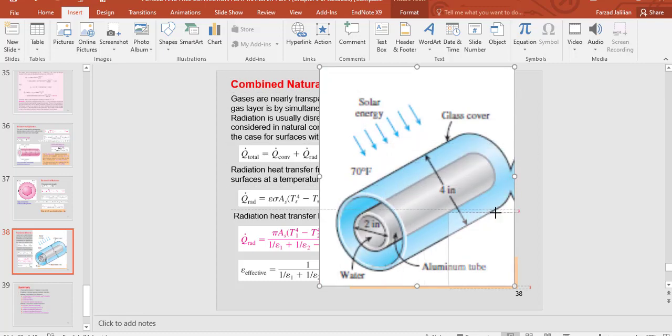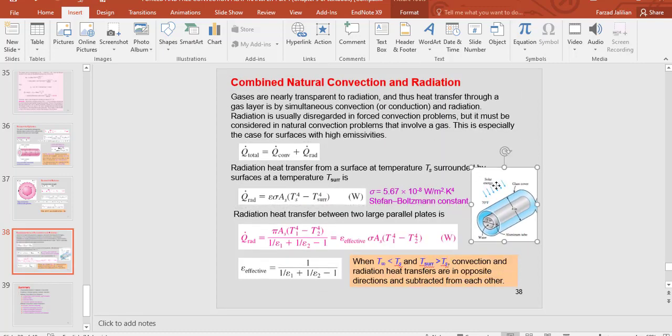In this case, to calculate the total rate of heat transfer, we should find the rate of heat transfer by natural convection, and also the rate of heat transfer by radiation.